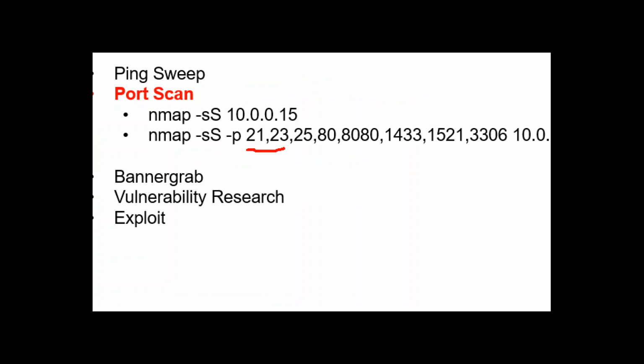Do you see here I'm giving it a list of ports? I want you to scan for FTP. I want you to scan for Telnet. I want you to scan for SMTP, right? Web, proxy. 1433 is MS SQL Server, the Microsoft SQL Server. 1521 is Oracle. 3306 is MySQL.